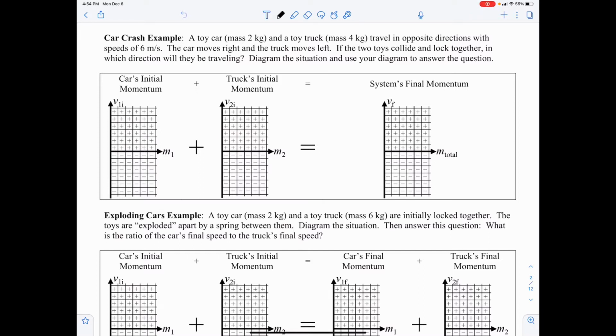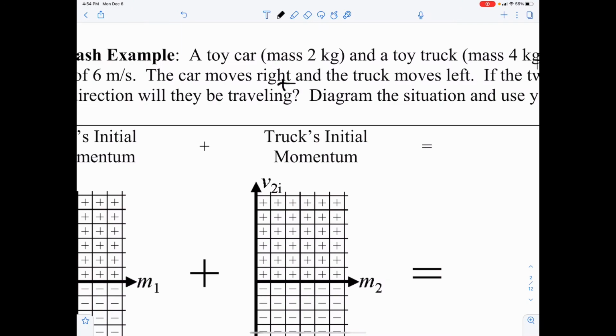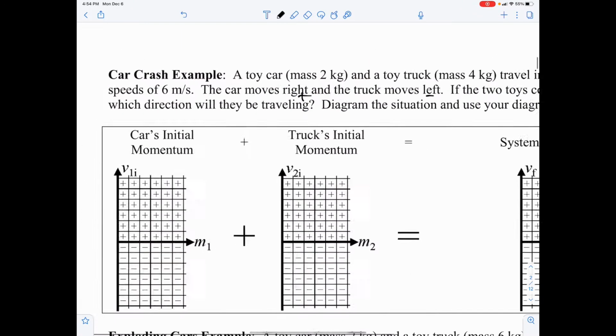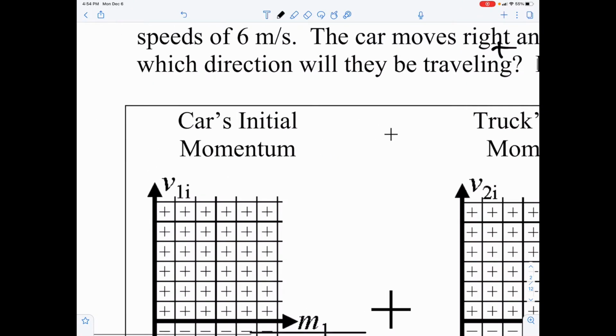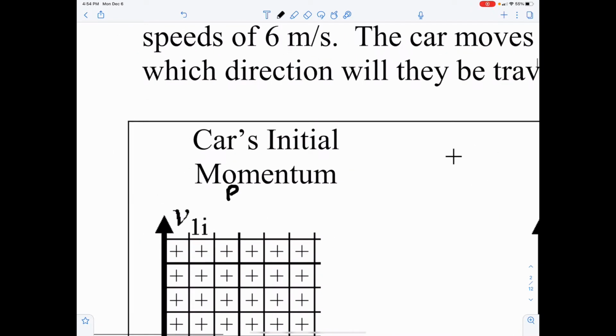Okay, so let's figure this out. The car moves right and the truck moves left. Car, positive momentum, truck, negative momentum. So the momentum of the car, which I'm going to call P1 initial, the momentum of object 1 before the collision, is mass times velocity.